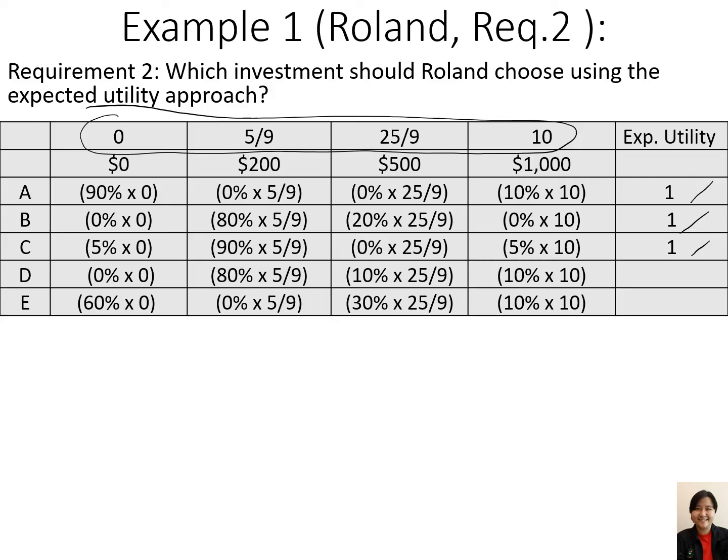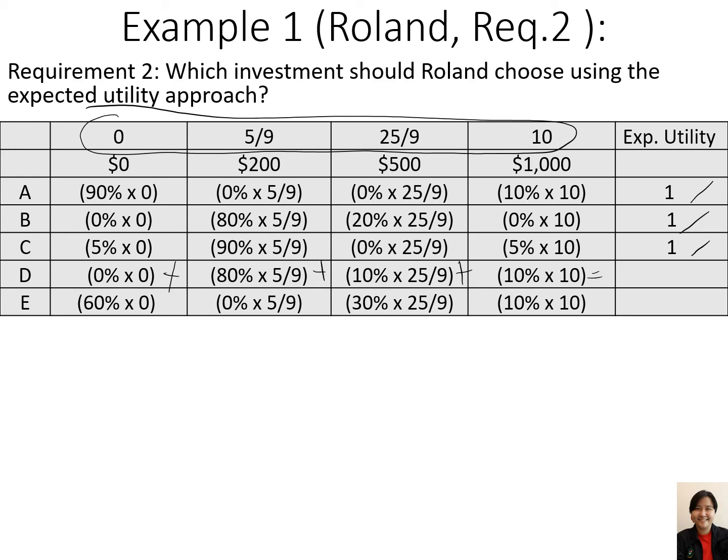So all we need to do is to solve for the expected utilities of D and E. For D, we have 0% times 0 plus 80% times 5/9 plus 10% times 25/9 plus 10% times 10.